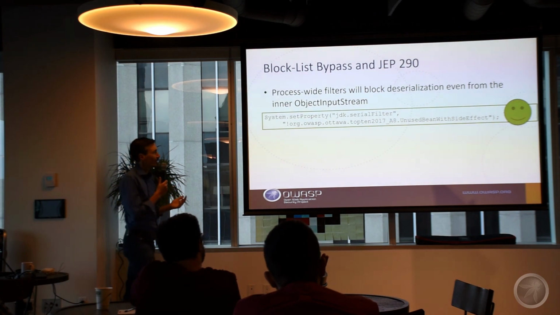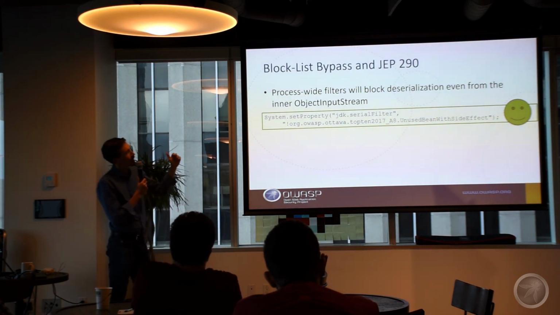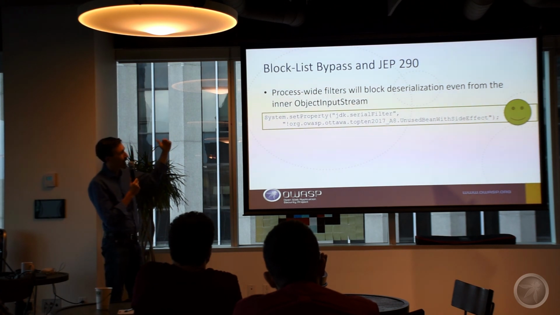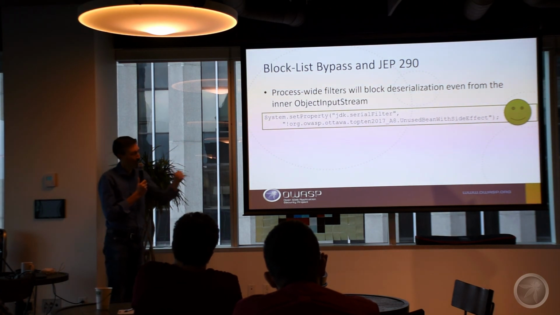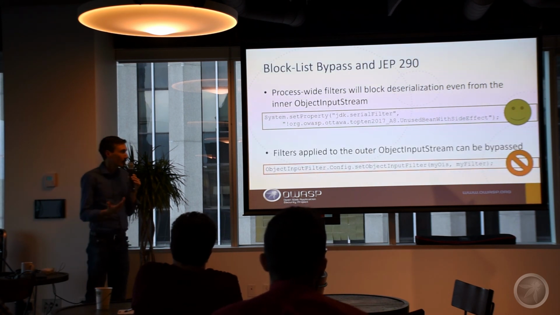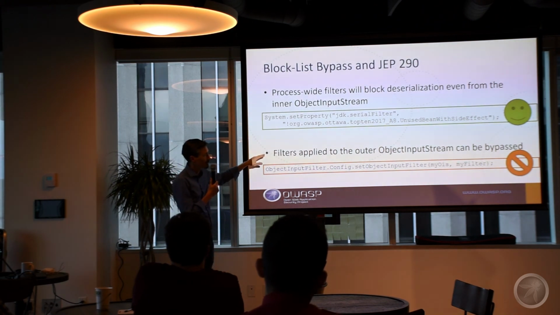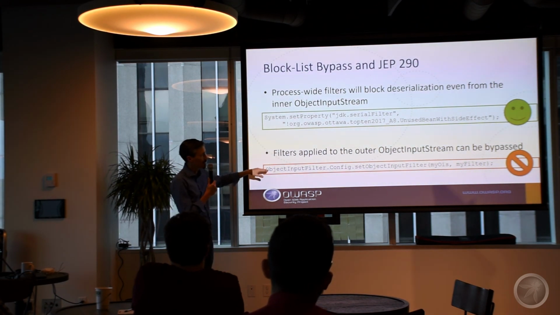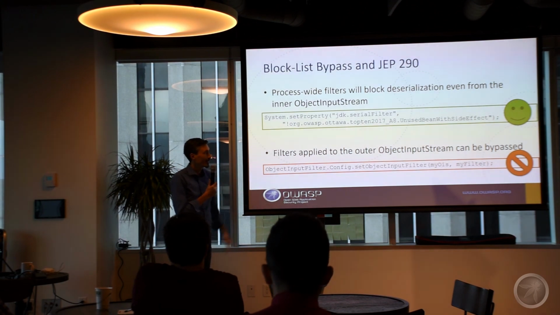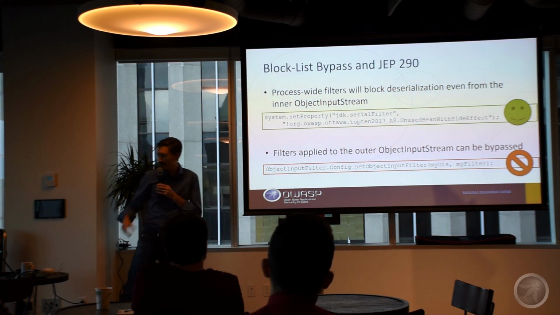That's what I like. So that will still work. You will block the attack both at the outer object input stream and inner object input stream level. Of course, if you specifically set the filter yourself per individual object input stream, you will still be able to bypass if you have one of these classes or something similar.